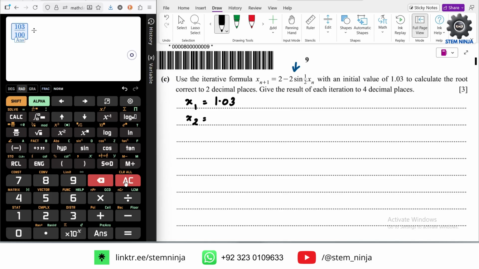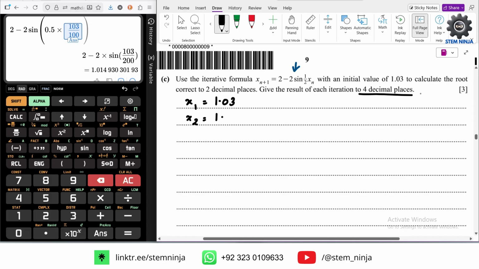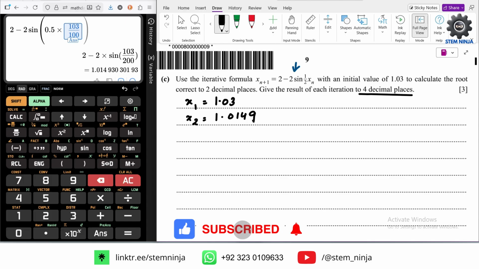Right, okay. So, 2 minus 2 sine 0.5 times by answer. So the second answer, to 4 decimal places, is 1.0149.